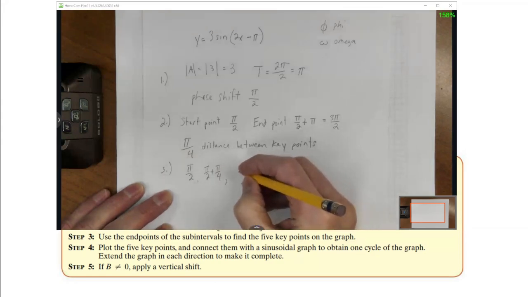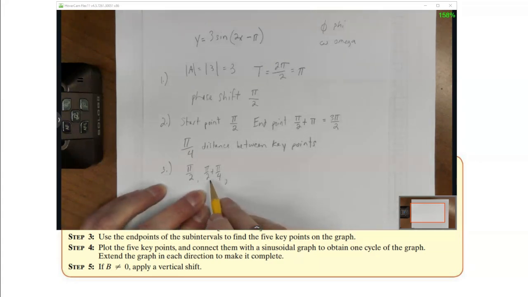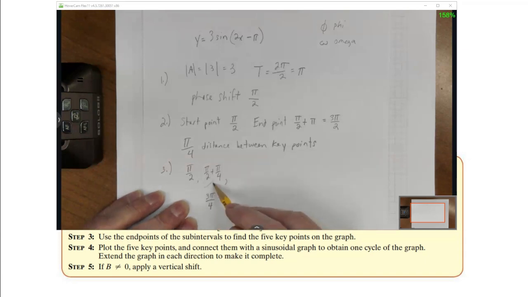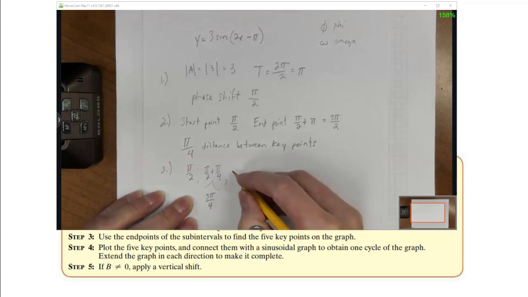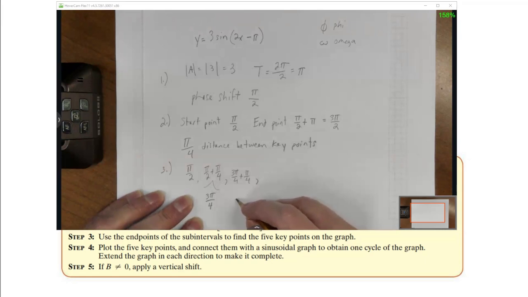Let's go ahead and calculate this one first. If I take pi over 2 plus pi over 4, pi over 2 with the denominator of 4 would be 2 pi over 4. So this is going to be 3 pi over 4. And then the next is going to be 3 pi over 4 plus another pi over 4. That's going to be 4 pi over 4, or pi.